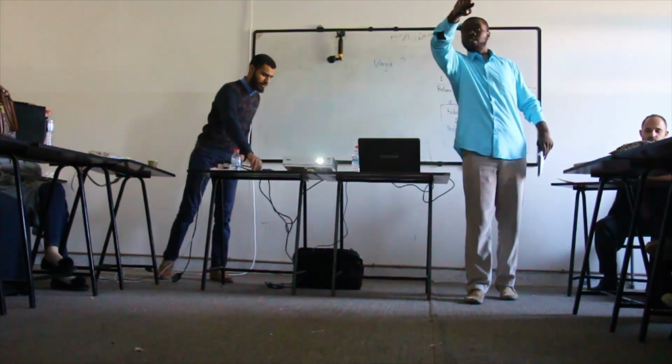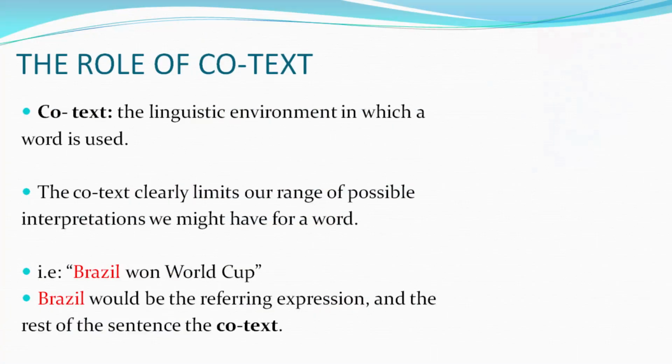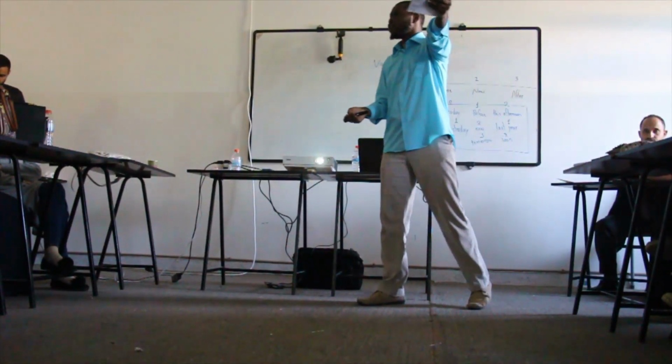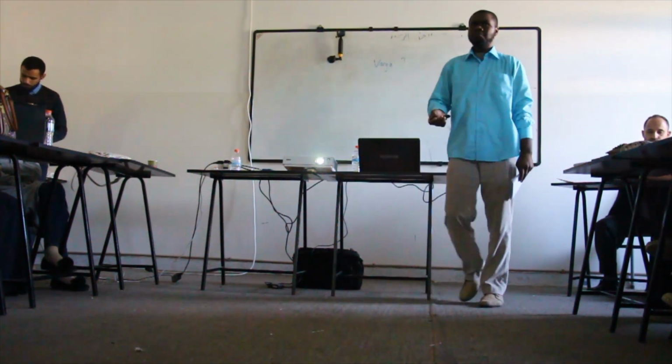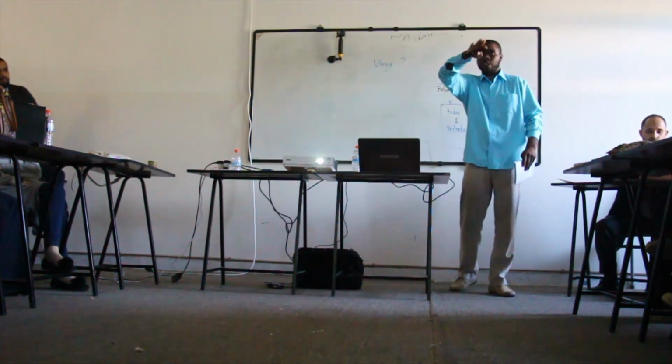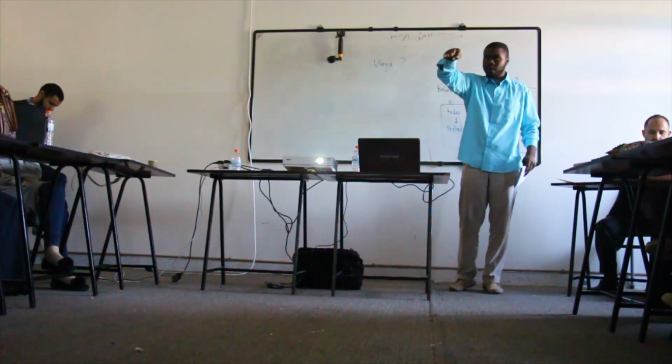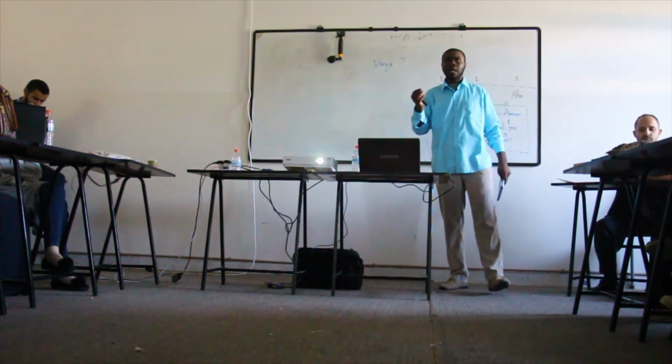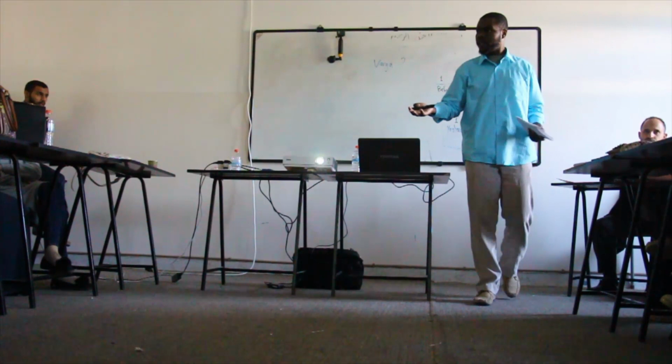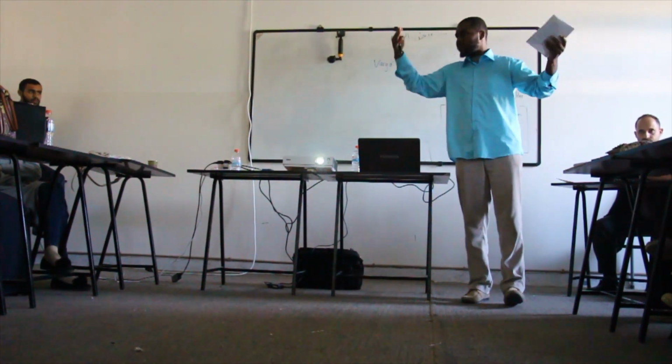So the co-text clearly limits our range of possible interpretation because of the situation, the environment. Consider this example. If we say Brazil won the World Cup, Brazil is the referring expression here. From the text, you would understand that I'm not talking about the whole country, the whole of Brazil.